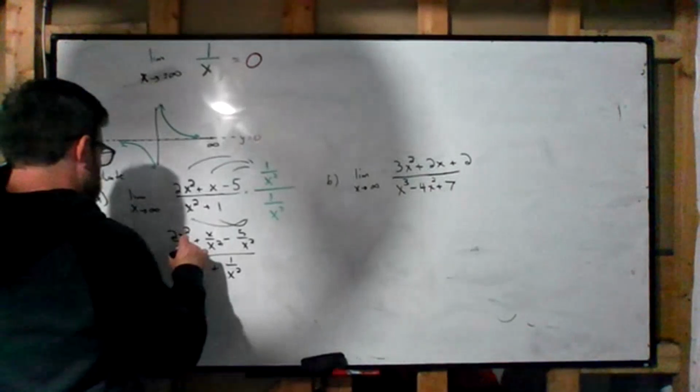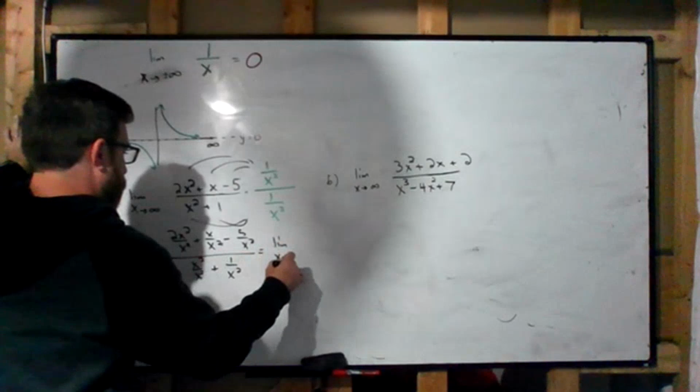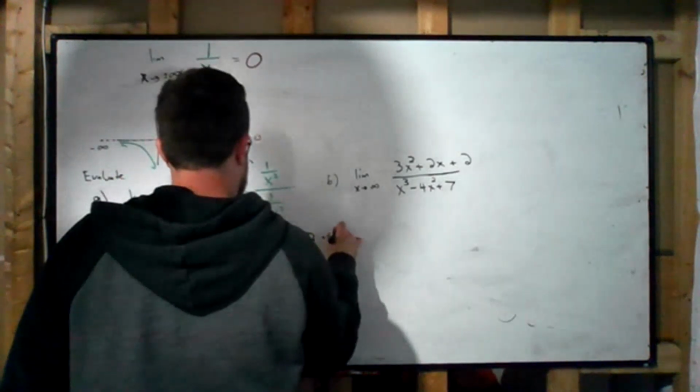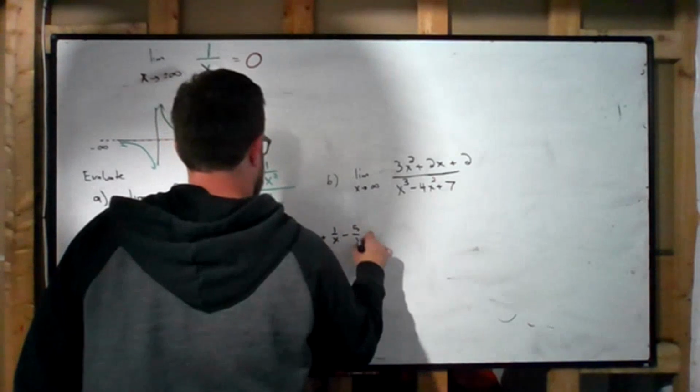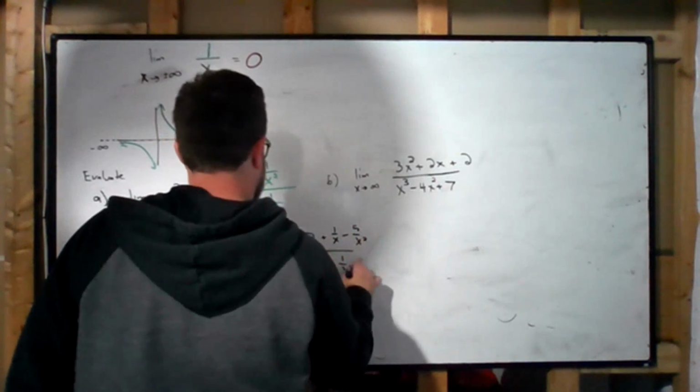And a bunch of stuff cancels. So this is the limit as x approaches infinity of 2 plus 1 over x minus 5 over x squared, all over 1 plus 1 over x squared.